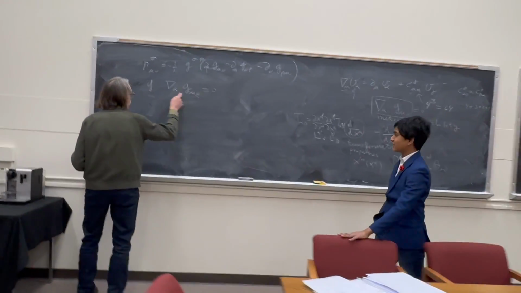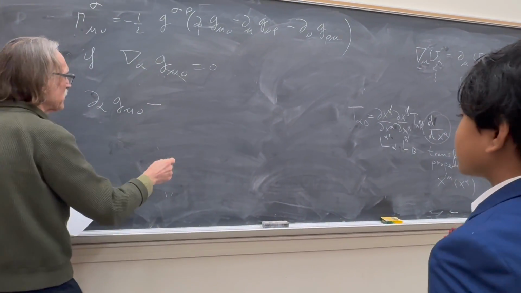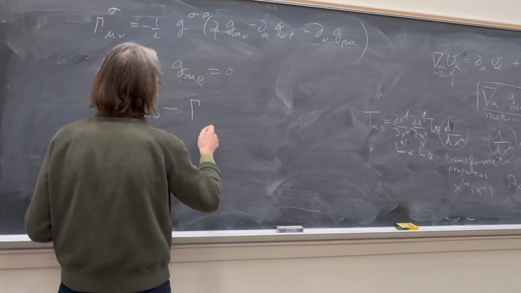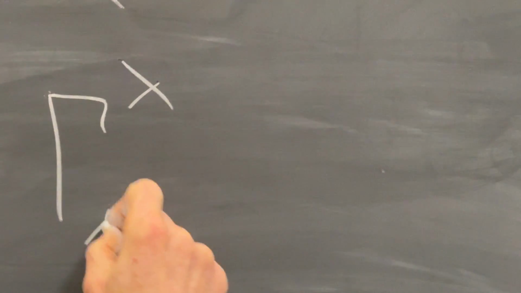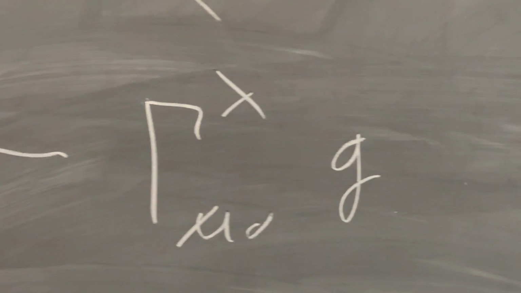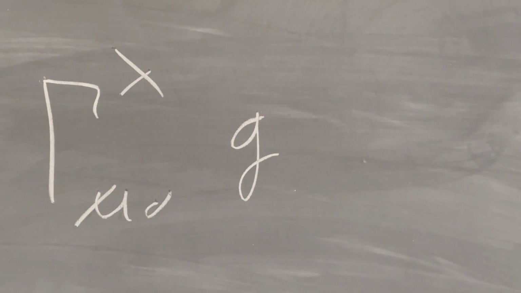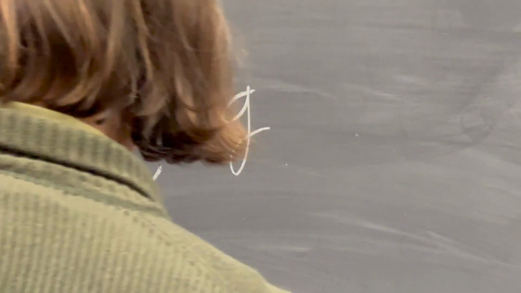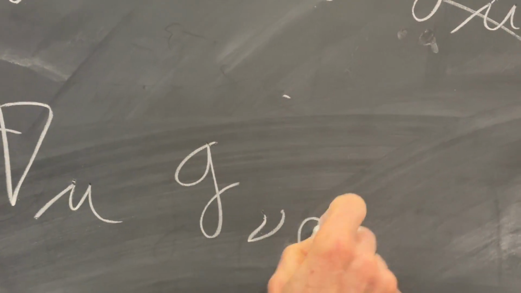So if you write this out, what is this? This is d alpha g mu nu minus gamma, and I use my notation, and I better use the notation of my notes. Okay, I have to change notation. So what I'm going to look at is del mu g nu rho.